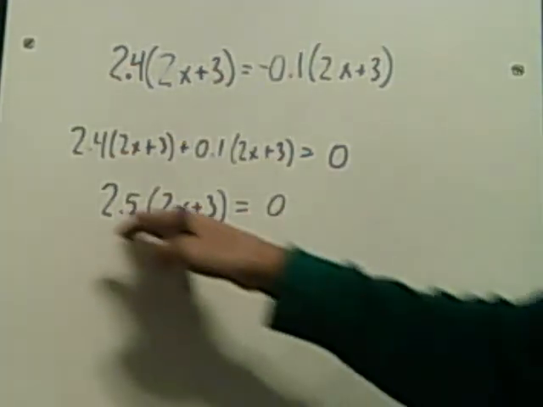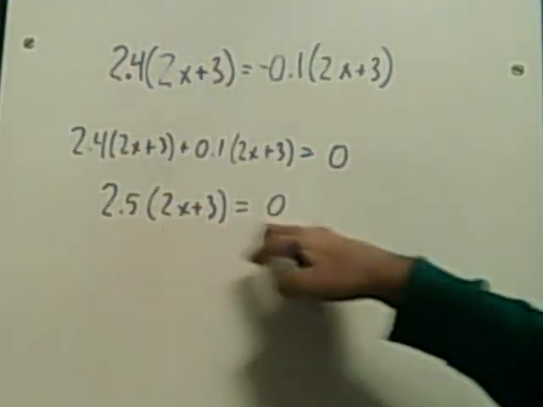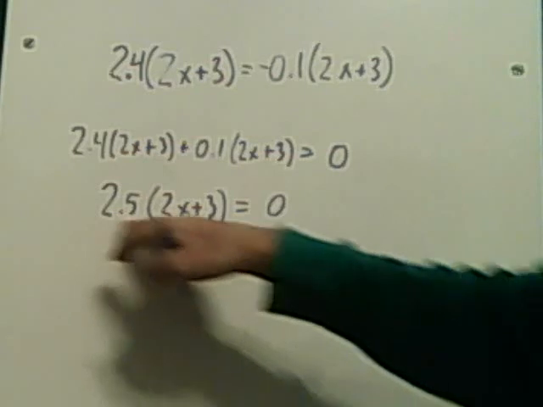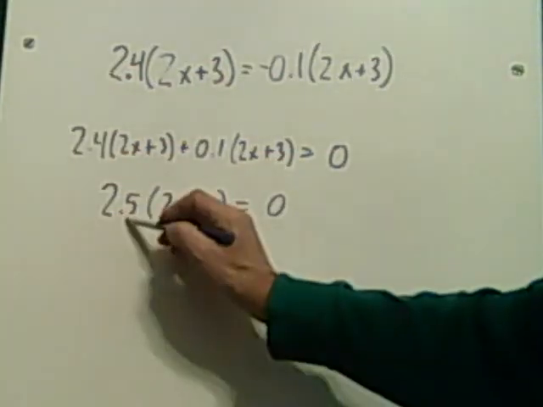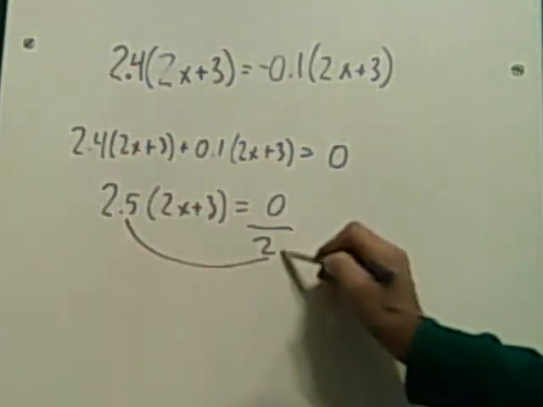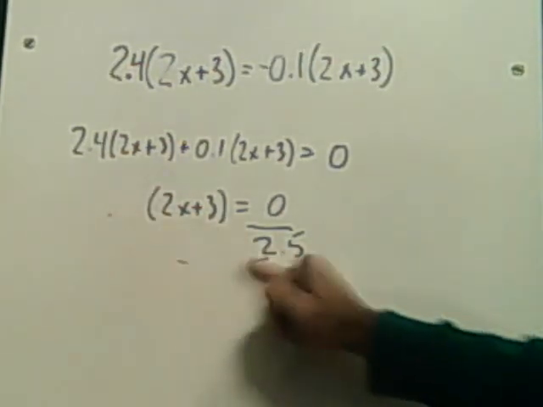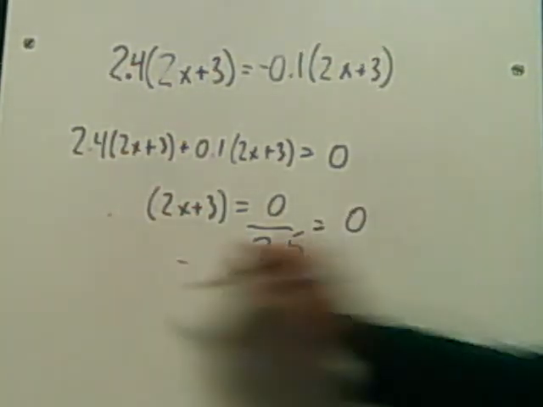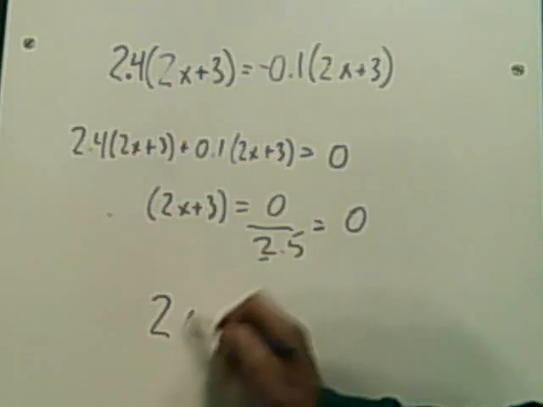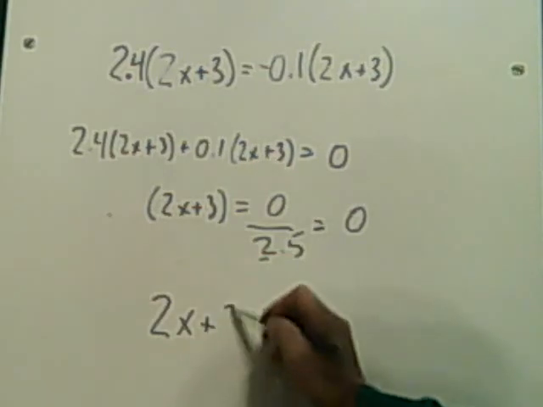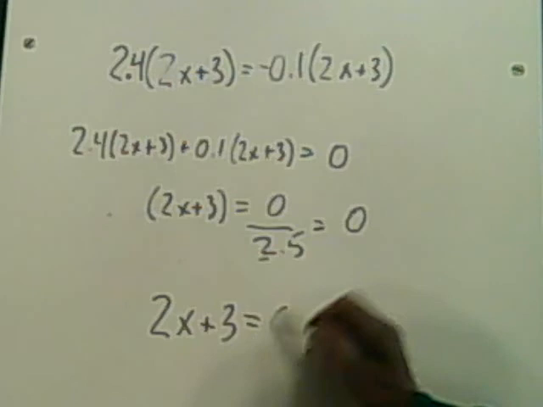Now, for 2.5 times this object equal to 0, that object is equal to 0. So basically, I can bring 2.5 down to the bottom on this side, cancel it out, but of course, that's just 0. What this equation is basically saying is that 2x plus 3 is equal to 0.